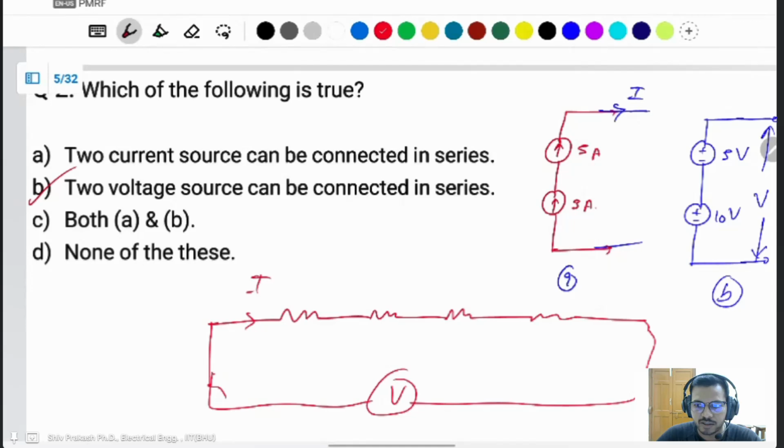Current will not be different, but the voltage at each point is different because of the resistance. But the current will be the same in all branches. That's why you can't connect two current sources in parallel. Same thing with voltage sources: two voltage sources can't be connected in parallel.